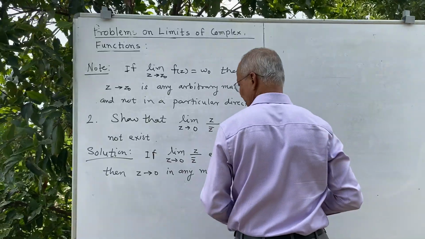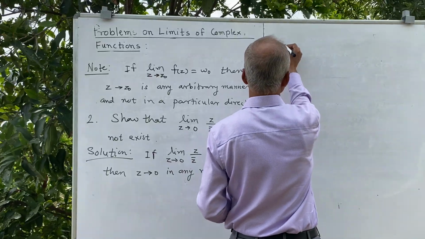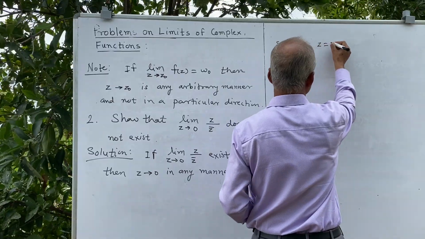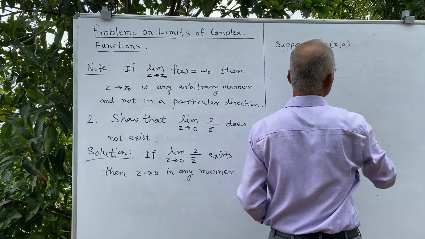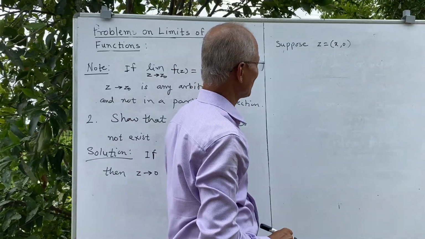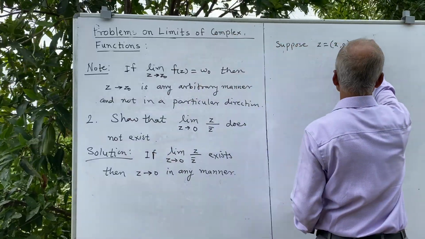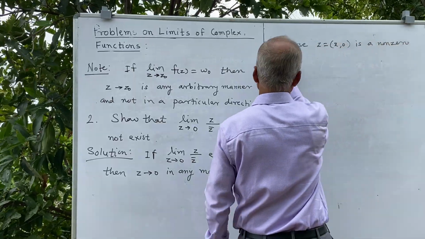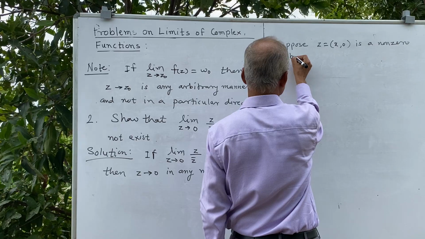Now suppose z is equal to x comma 0 on the real axis. Y is 0, a non-zero number on the real axis.